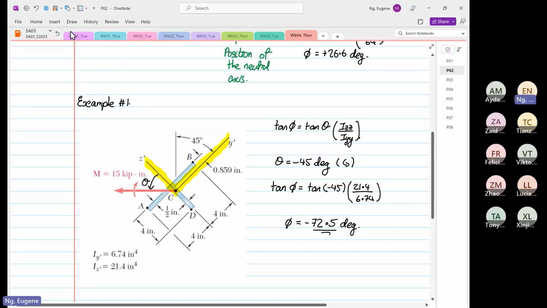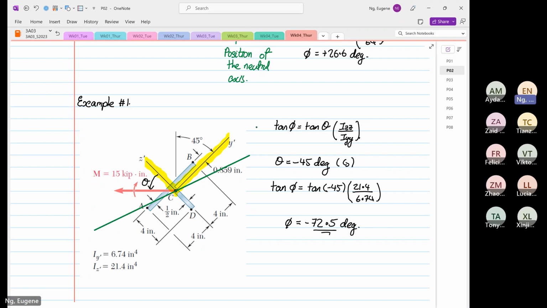So 72.5. Okay, so this is the position of our neutral axis.